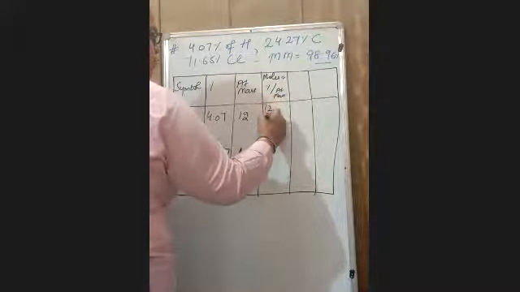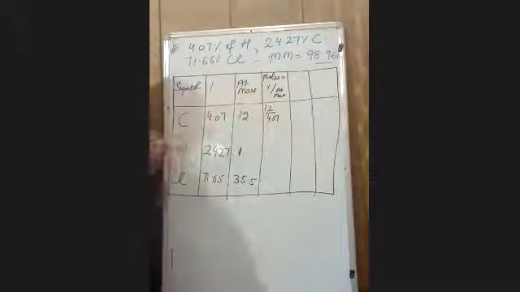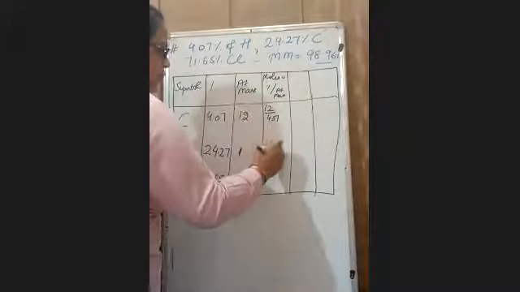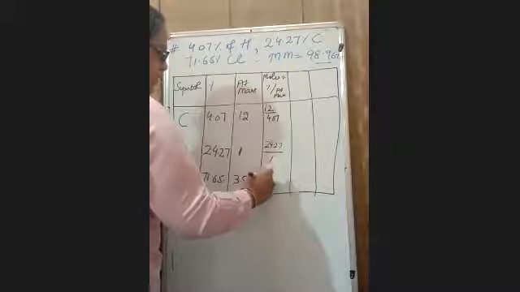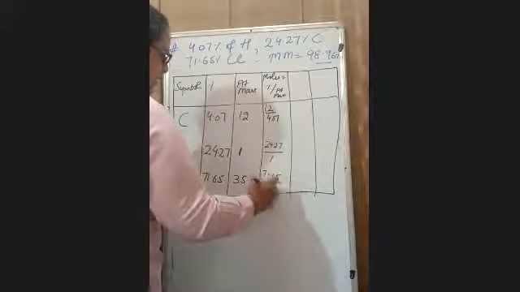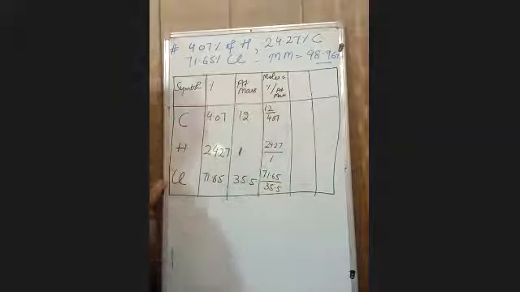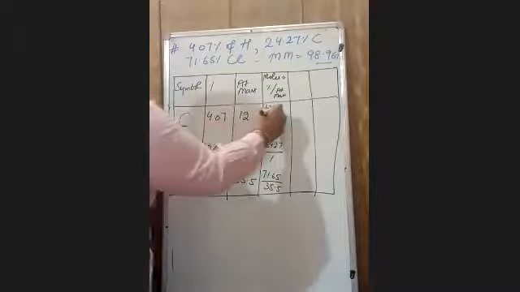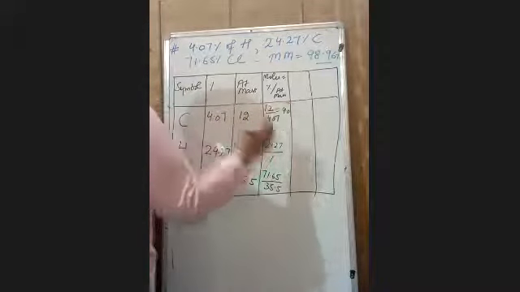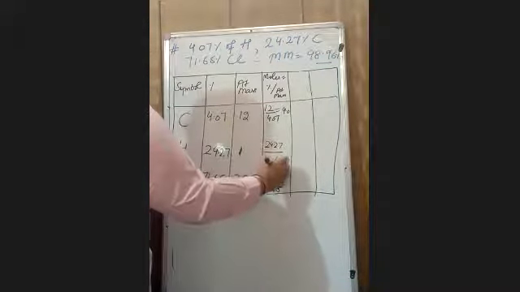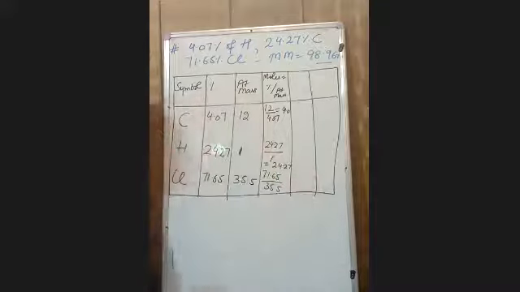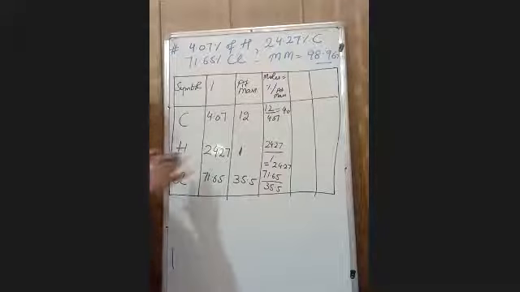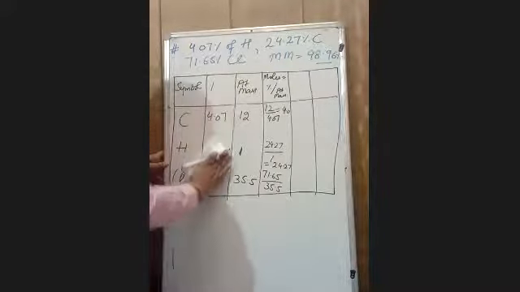24.27 over 12, 4.07 over 1, and 71.65 over 35.5. Solve it. Sorry, I have replaced this.